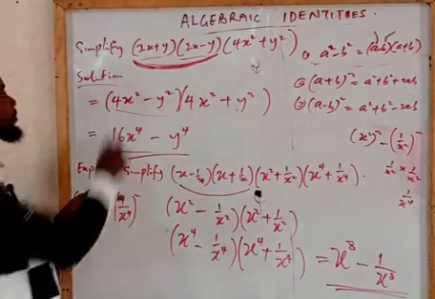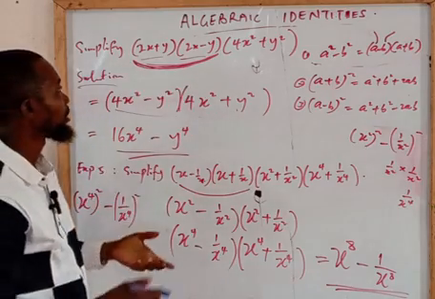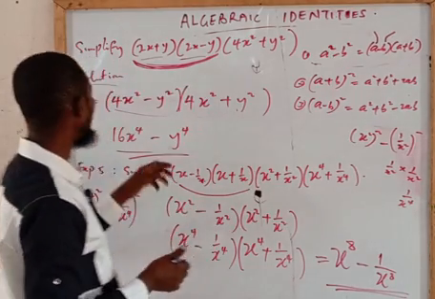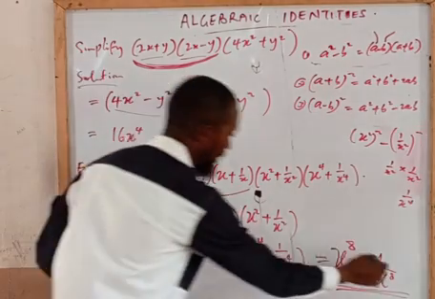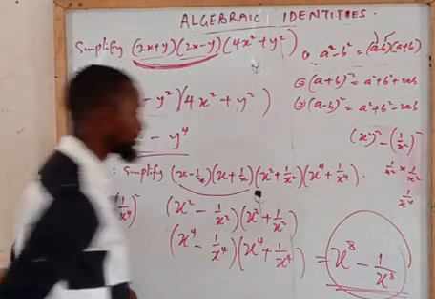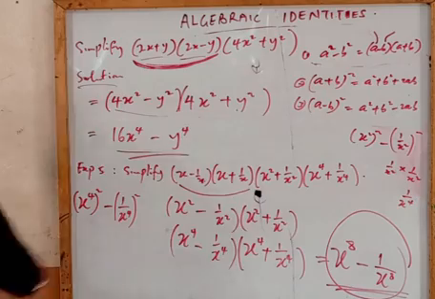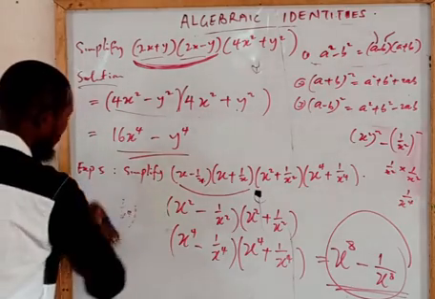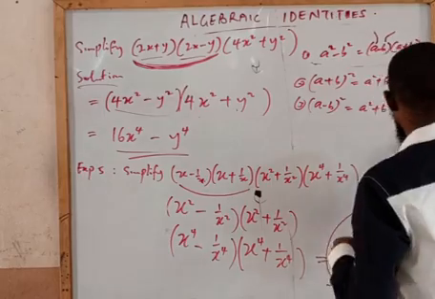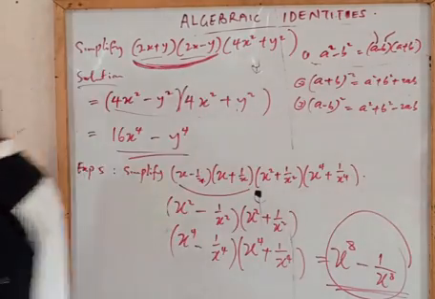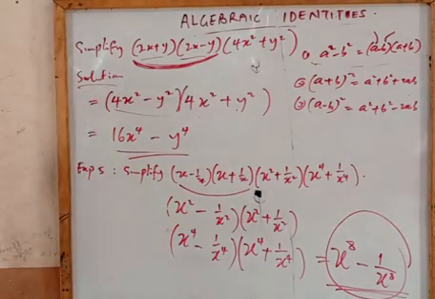So solving this, 2x plus y, bracket 2x minus y, bracket 4x squared plus y squared gives this value. So this is the final answer to that question. So let me remove this so as not to create confusion. So that's the solution to our fifth example.